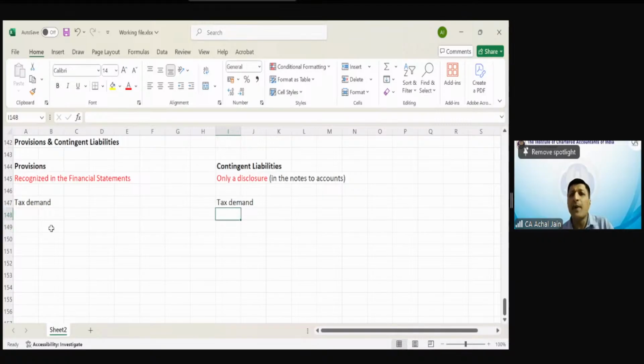Now let's suppose there is a tax demand against the company, and the company has got into litigation, which the company plans to do. The company is not sure as to whether it will win the case or lose the case. So the company is unsure about that.